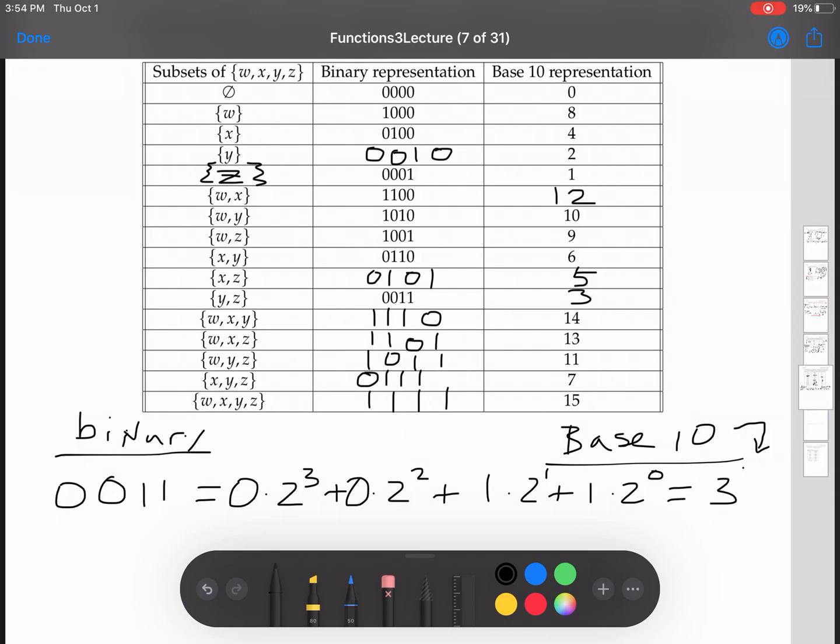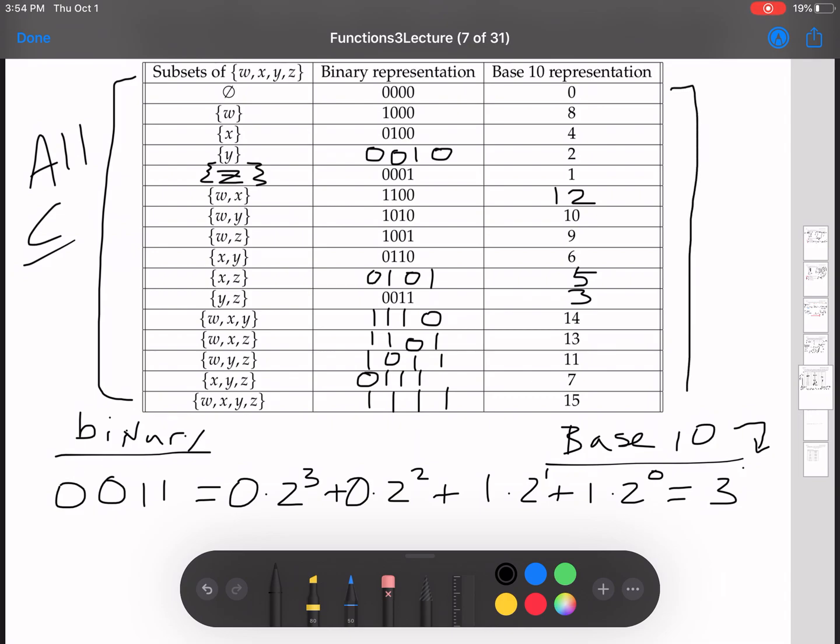Now it might take you a little bit to check this, but this side is all subsets. And over here, we have every number from 0 to 15 written once.